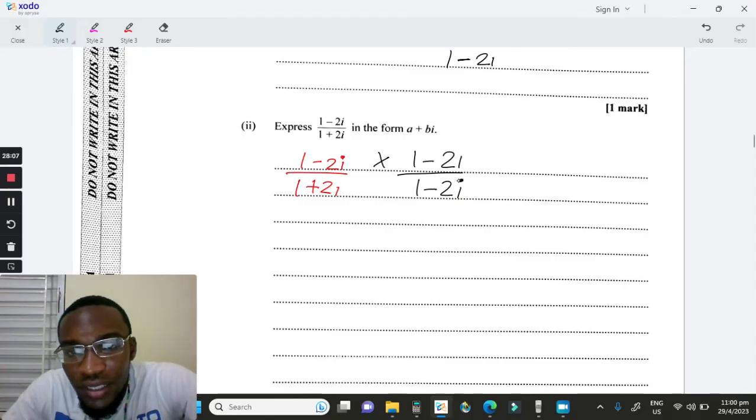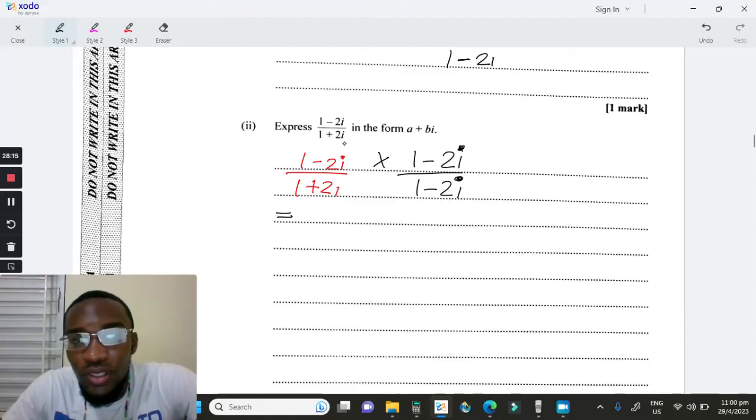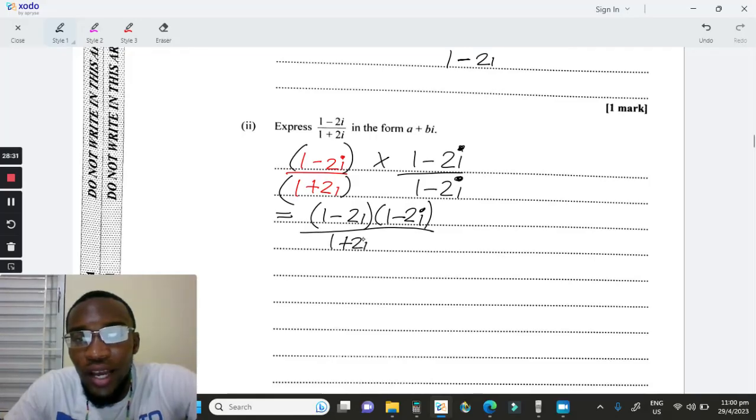The dot keeps disappearing. Okay, so now when we multiply, we multiply numerators first, that becomes 1 minus 2i times 1 minus 2i. And then the denominator is the difference of two squares, 1 plus 2i times 1 minus 2i.